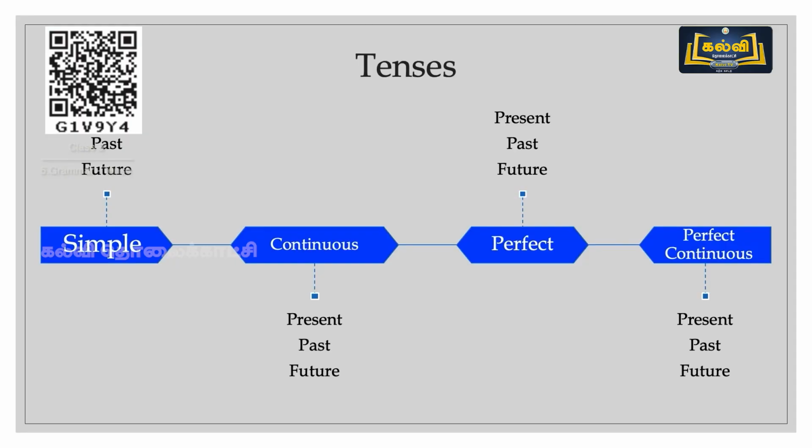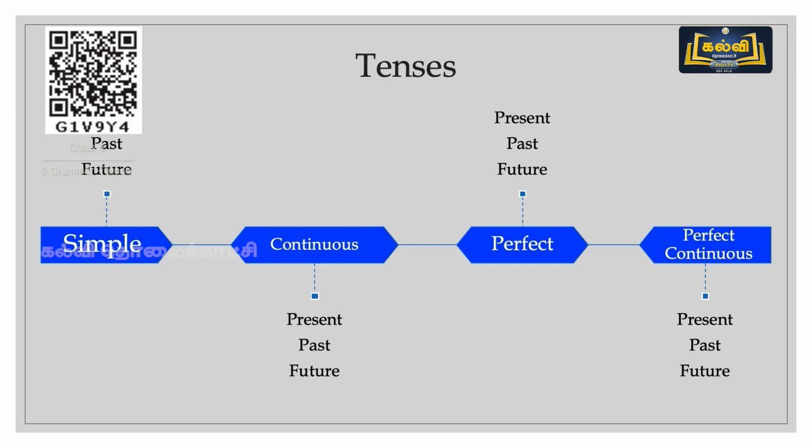Now I'm going to list out all the 12 tenses. Please follow with me. Simple present tense, simple past tense, simple future tense. Come on, repeat after me. Present continuous tense, past continuous tense, future continuous tense.